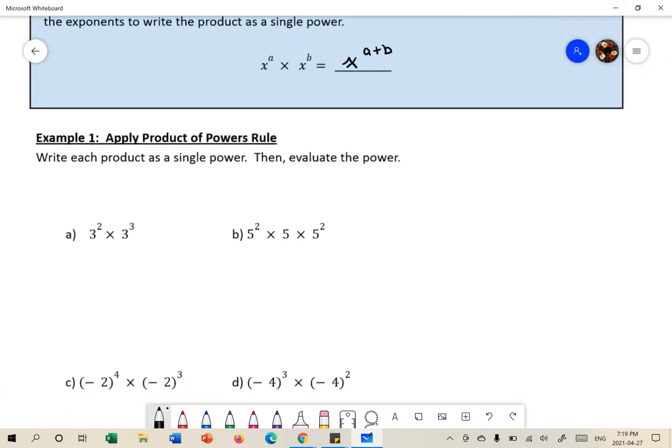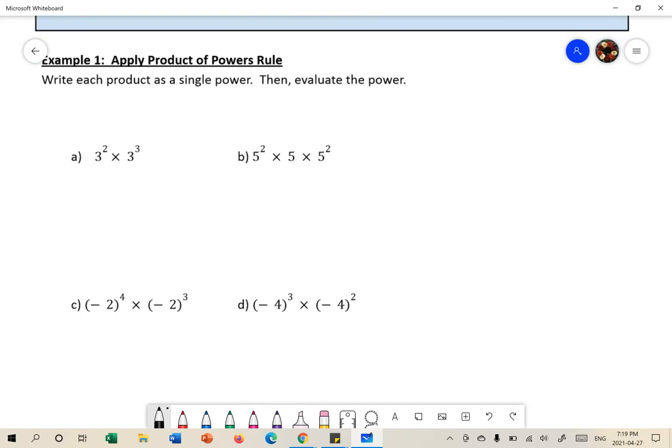Let's apply this exponent law to an example. Write each product as a single power, then evaluate the power. A, 3 squared times 3 cubed. So again, we're going to leave the base the same and then add the exponents. And then it tells us to evaluate the power, which means that we're going to type this into our calculator. 3 to the power of 5 is 243.